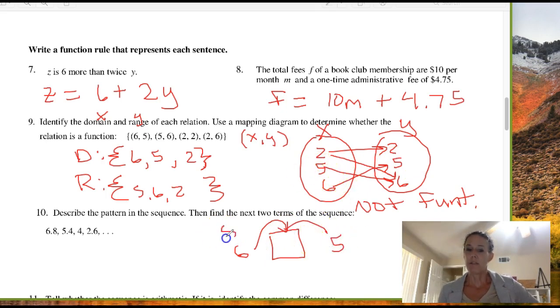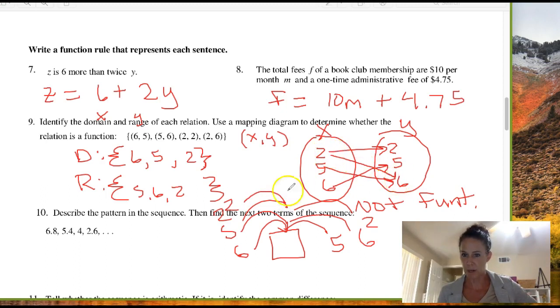If I plug in 5 and it does some rule and spits out 6, that's good. I plug in 2 into my function box. The first time it spits out 2. I plug in 2 again. It's the same function, it's the same rule, nothing's changed, but this time it changed its mind and it spit out 6. I don't have a function.